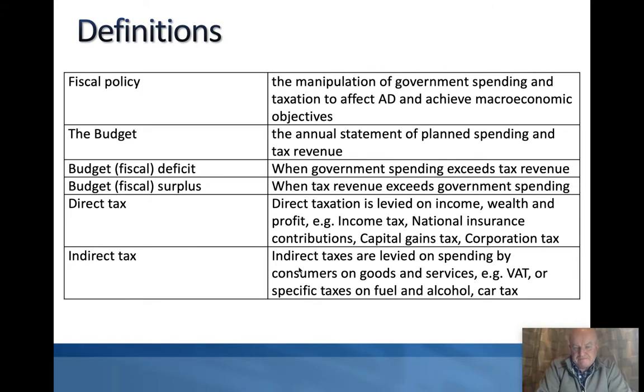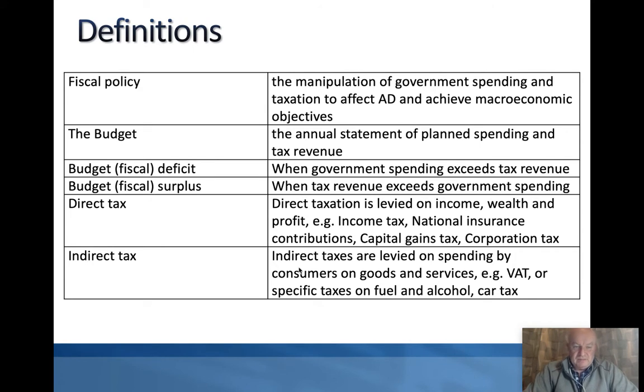Okay. Now, again, we'll come back to this on numerous occasions during this presentation, particularly fiscal budget deficit and also a surplus. Okay, so a fiscal budget deficit is basically when the government is spending in excess of what it's raising in tax revenue.